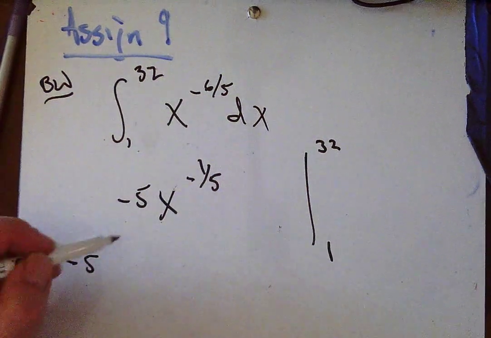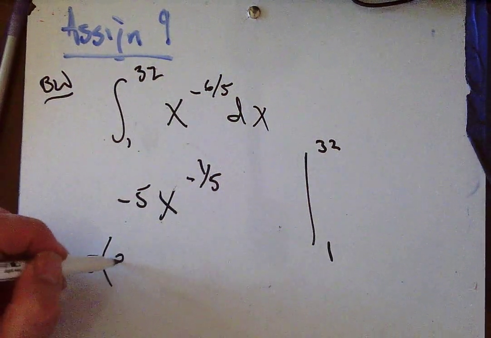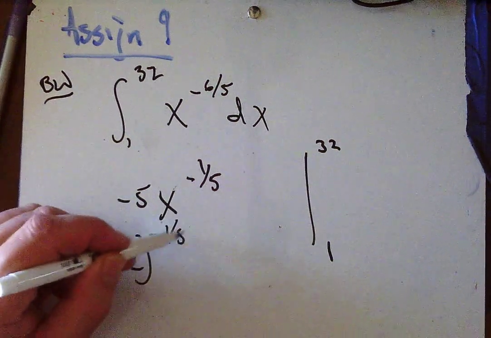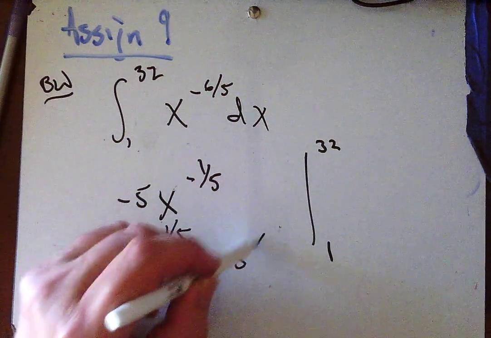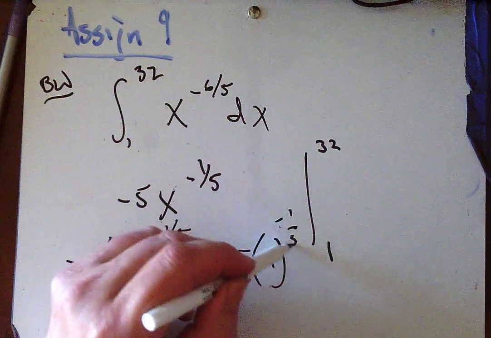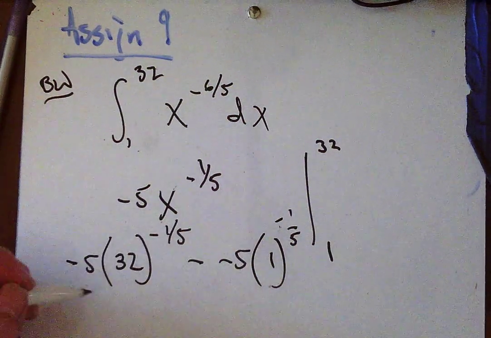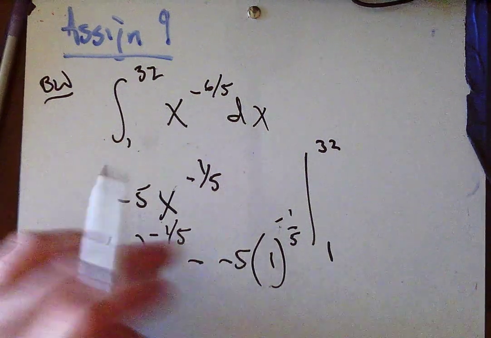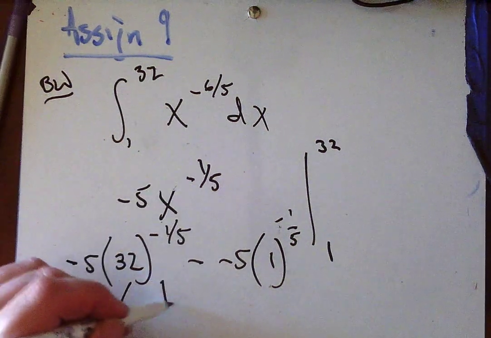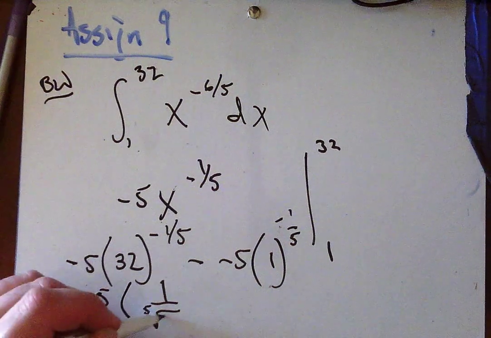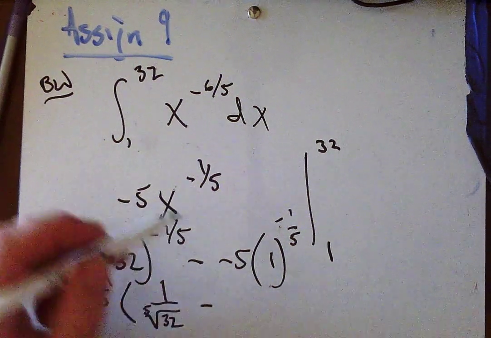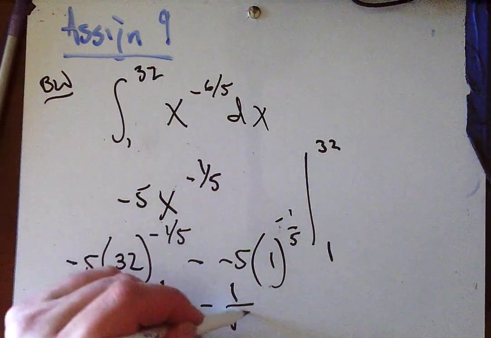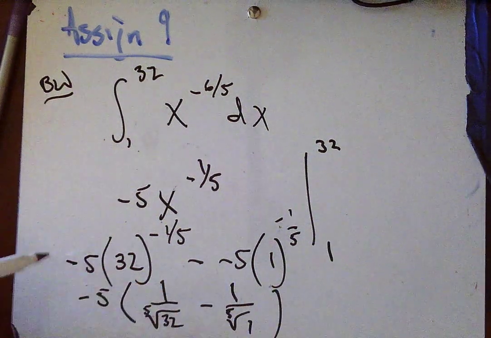So we've got negative 5 times 32 to the negative 1/5 minus negative 5 times 1 to the negative 1/5. Oh, I can factor that negative 5 out, leaving 1 over the 5th root of 32 minus 1 over the 5th root of 1.